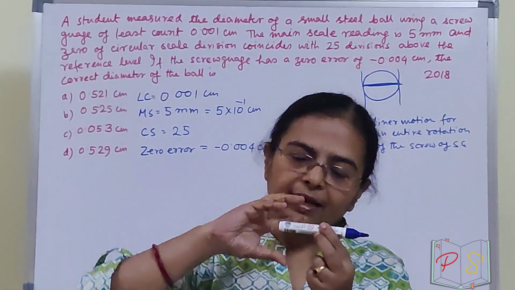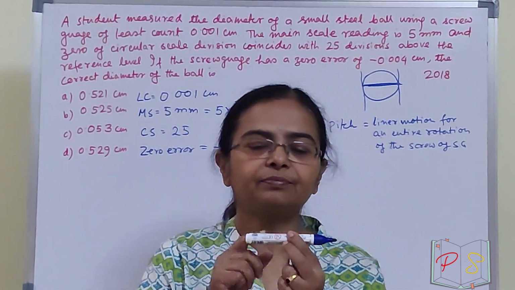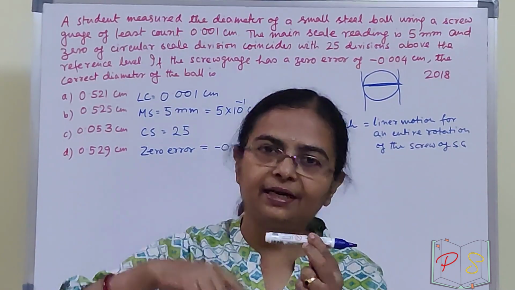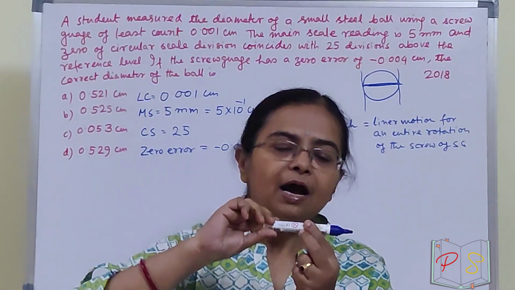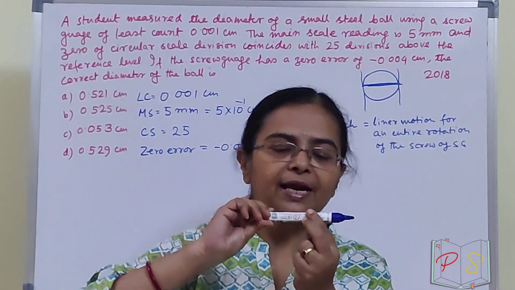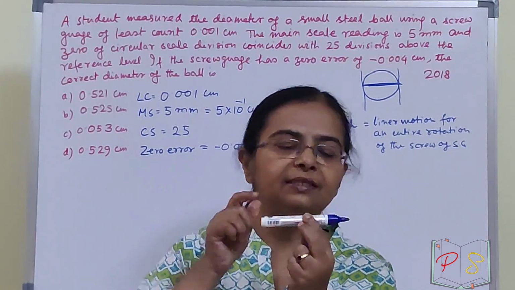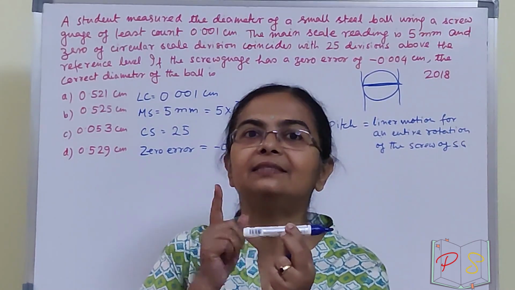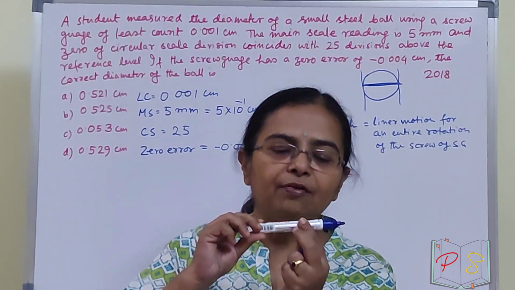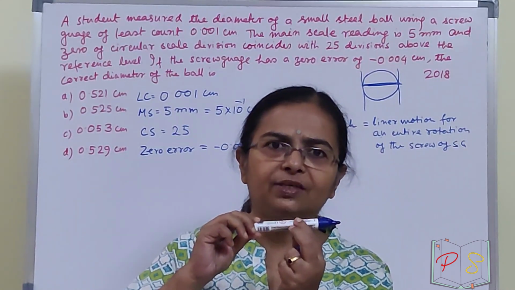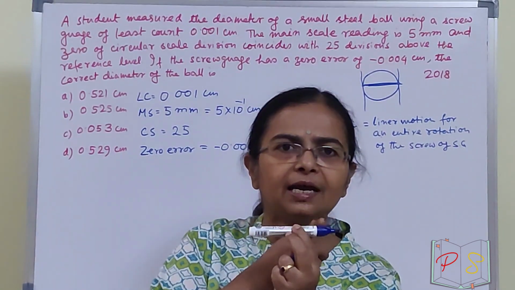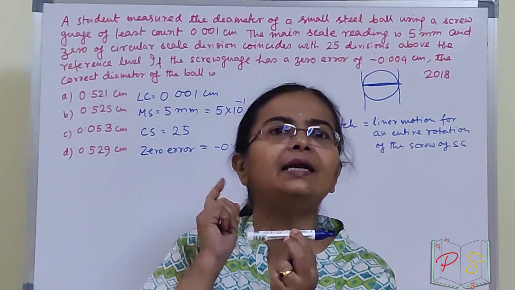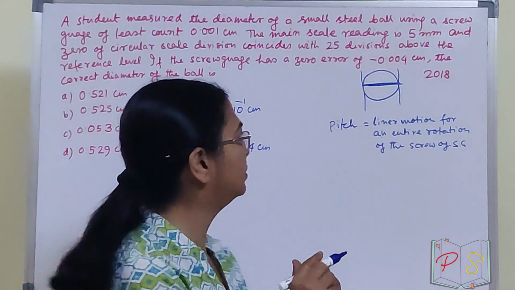Suppose it has 100 divisions for the time being. Now if it rotates through all divisions, the amount of motion it has in the linear direction is the pitch. Now if it moves through one division, what is the linear motion in this direction? That is called least count.